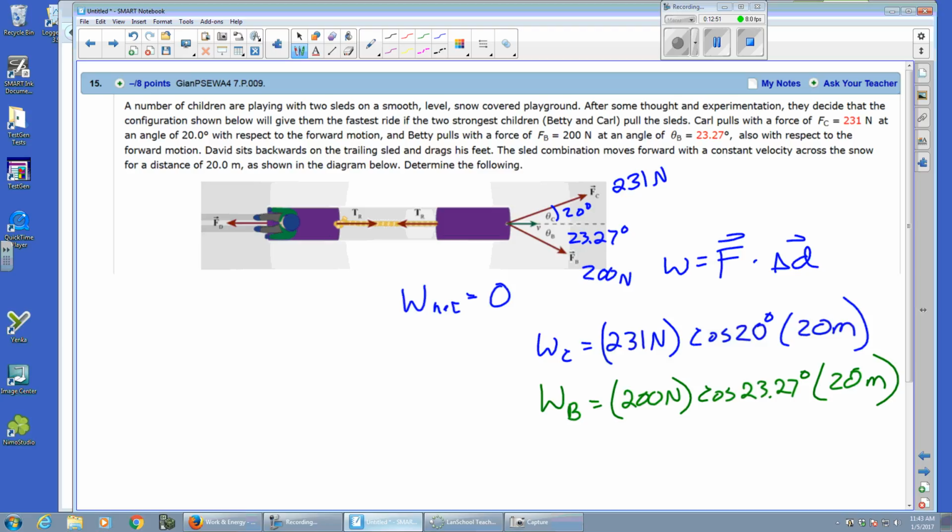Since they don't tell us anything else, when they say smooth, level, snow-covered playground, the energy isn't going into friction because it's smooth, and it isn't going into gravitational potential because it's level. I'm assuming the rope is inextensible, so it should all come out. Yay! Anyone try it? Did it work?